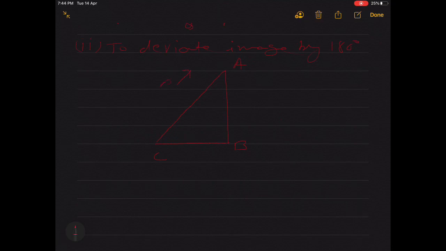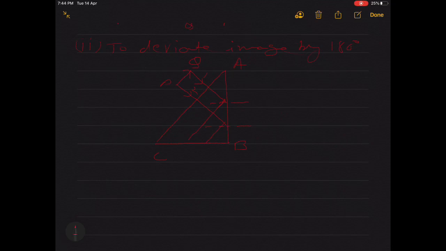So let the object is placed here, taking into consideration again two rays which are originated from point P and Q. When these two rays are incident on the side AB, then they will be total internally reflected by the same logic.